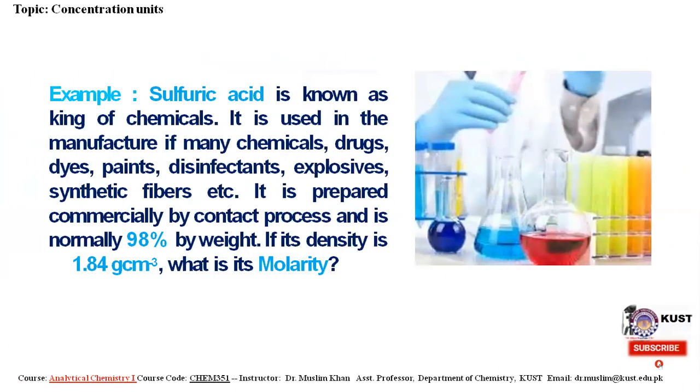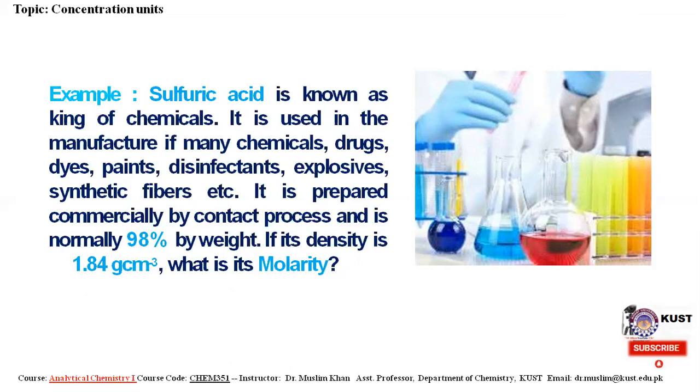Sulfuric acid is known as the king of chemicals. It is used in the manufacturing of many chemicals, drugs, dyes, paints, etc. It is prepared commercially by the contact process and is normally 98%. If you look at the bottle of sulfuric acid in your chemistry lab, it will be written 98% by weight, and the density will also be there, 1.84 gram per cubic centimeter.